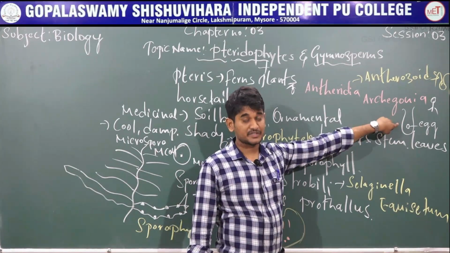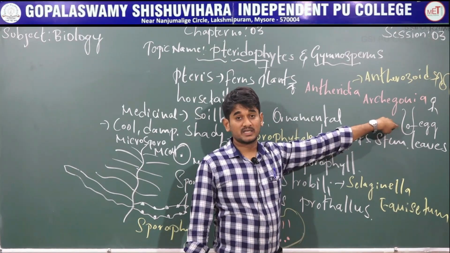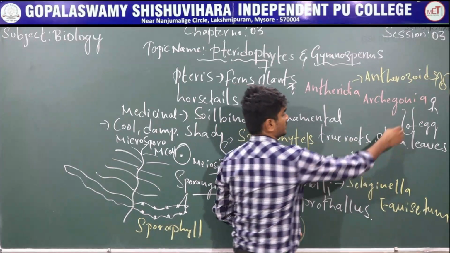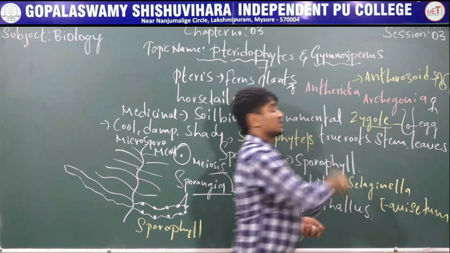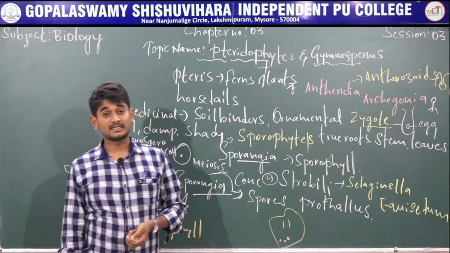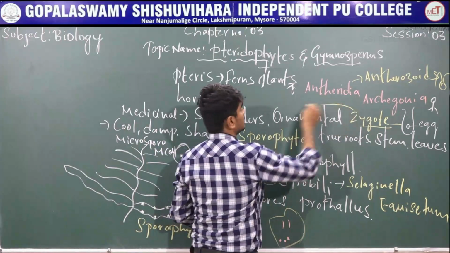So this is called fertilization. After fusion of gametes to form the zygote, there is formation of a multicellular, well differentiated sporophyte.